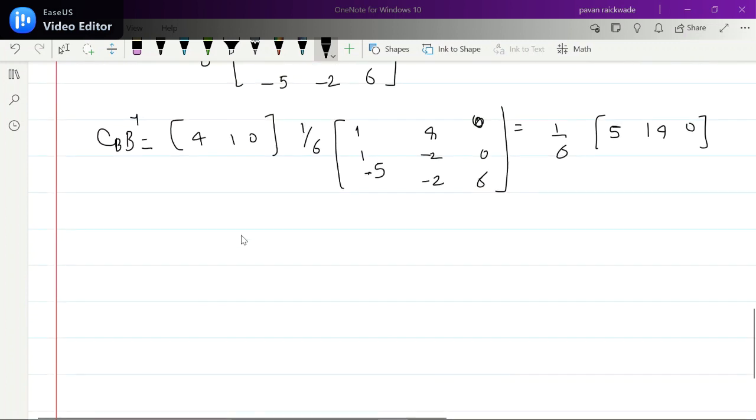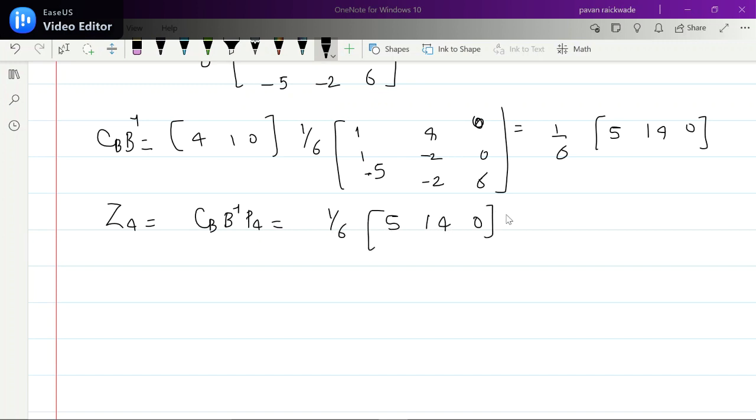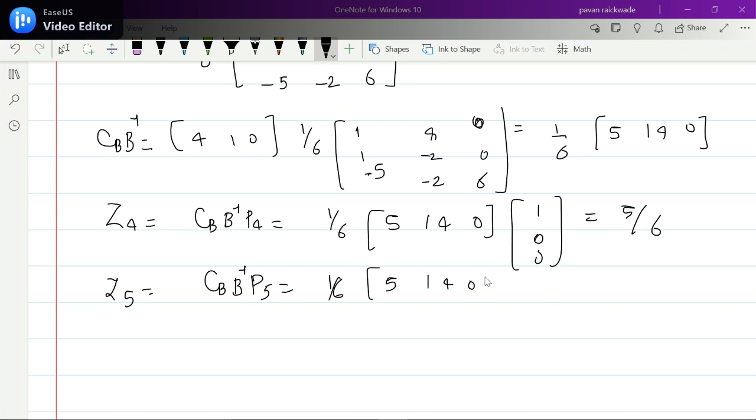Now let's find Z4, which is equal to CB B inverse P4, which is 1 by 6 times 5 14 0 times 1 0 0, which equals 5 by 6, and Z5, which is CB B inverse P5, which is 1 by 6 times 5 14 0 times 0 1 0, which equals 14 by 6.